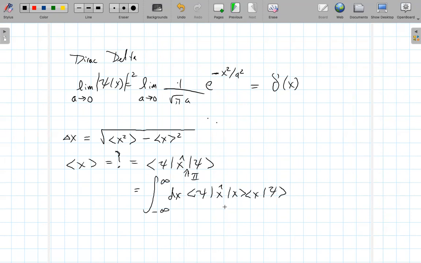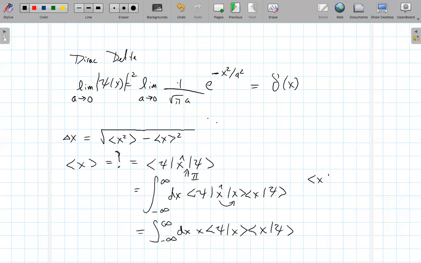Now, as we said before, acting the position operator onto the position basis just pulls out the position. So this is equal to the integral from minus infinity to infinity of dx times x times the inner product between psi and x and the inner product of x with psi.